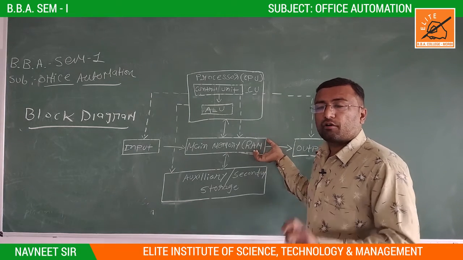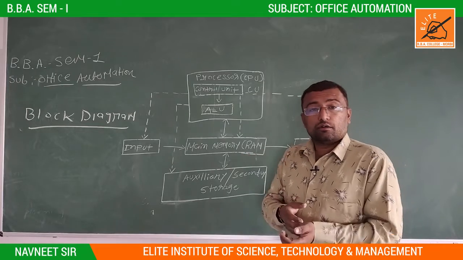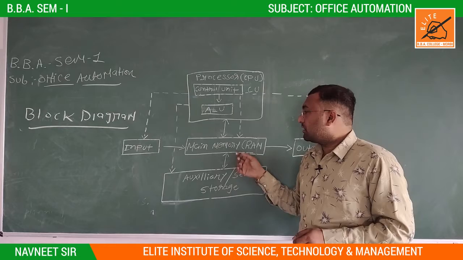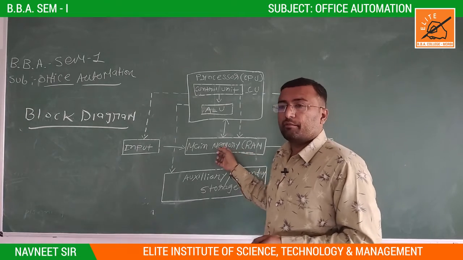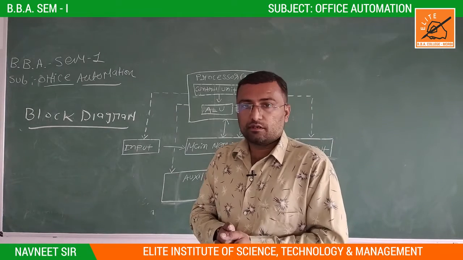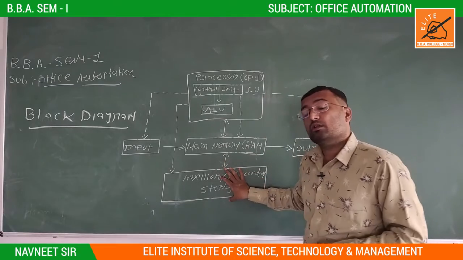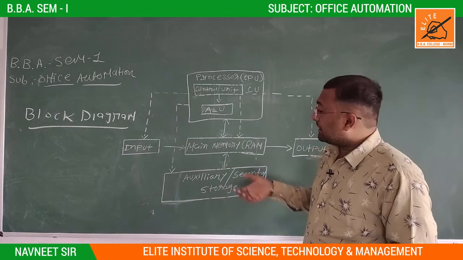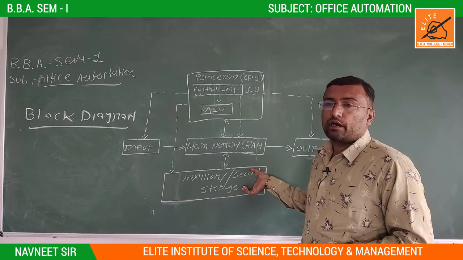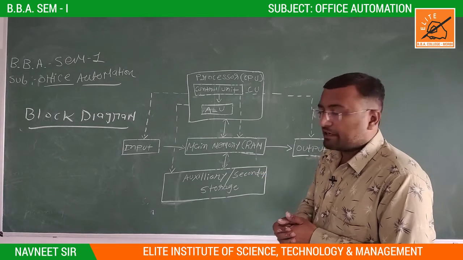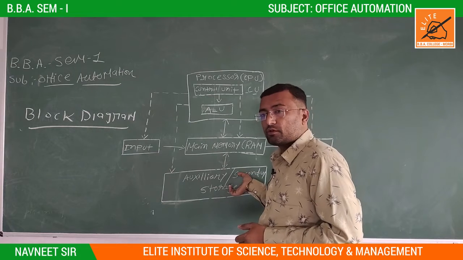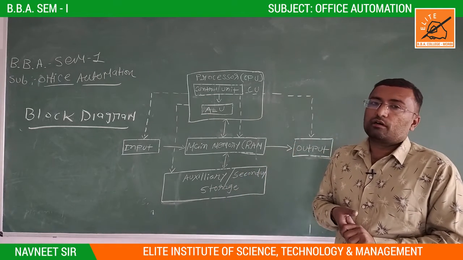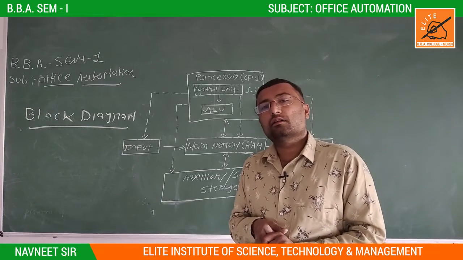Whenever the power goes off or the switch is turned off, whatever data was loaded on main memory is lost. Data stored on auxiliary or secondary memory is stored permanently, and whenever we want, we can retrieve it. So it is not affected by power failure or anything else.